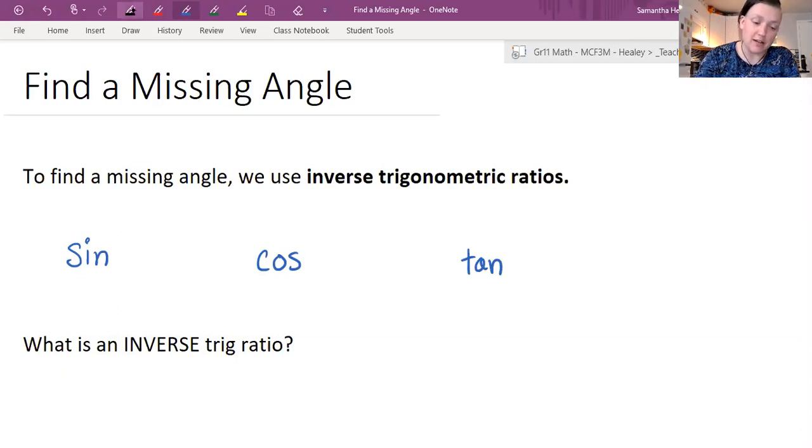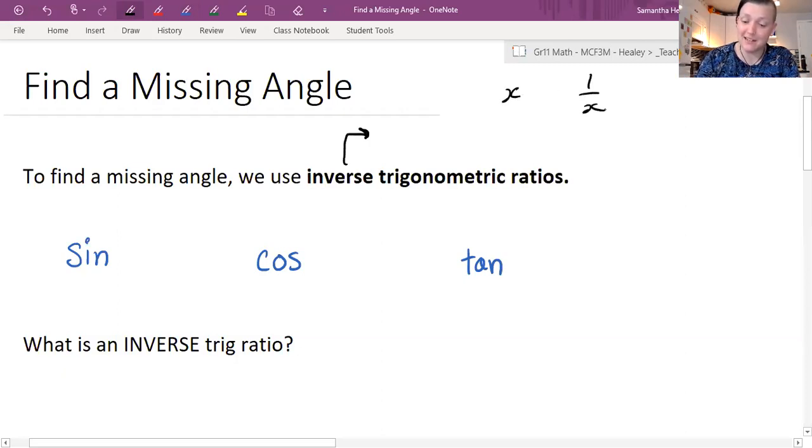Remember when we were doing our exponential unit, I said the inverse is the opposite, and the opposite of x is 1 over x, and to write inverse, it was x to the power of -1. It's all coming full circle. So inverse in math is written as to the power of -1.